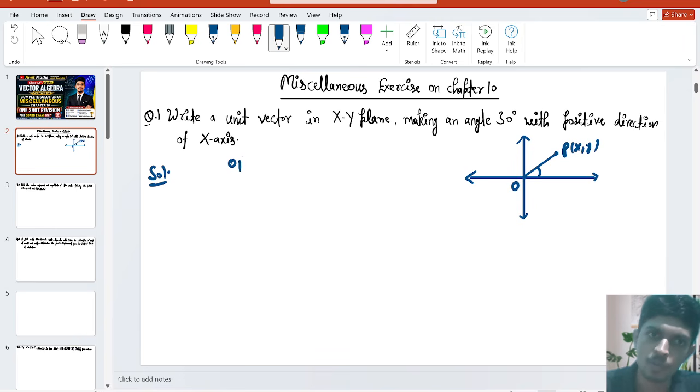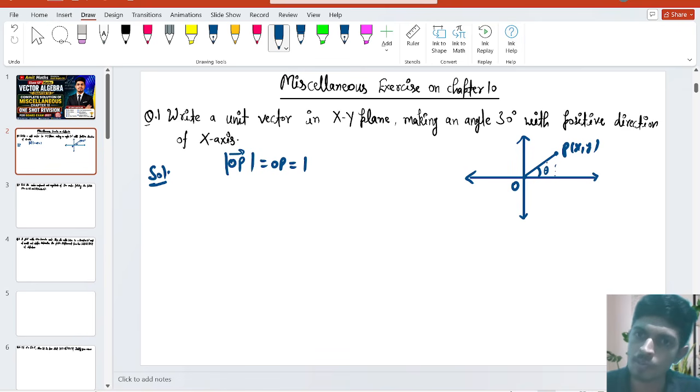So the modulus of vector OP is simply OP, and this is equal to 1, since we need to find a unit vector. Suppose this is the angle theta.